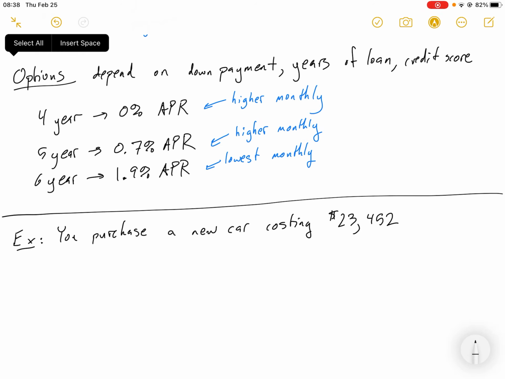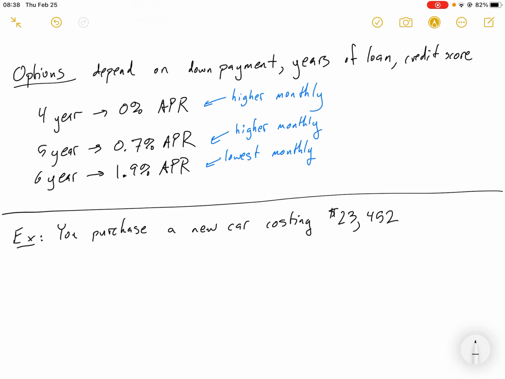You might have heard of MSRP. We can say this is MSRP, or maybe you bargained and you got a better deal. Who knows? So this is what your loan is for. Let's just say this is after the down payment and everything.